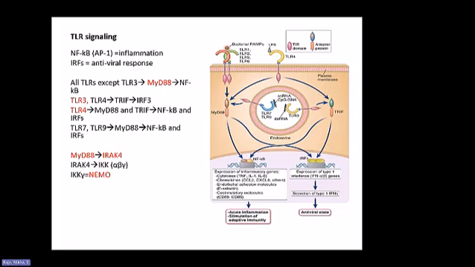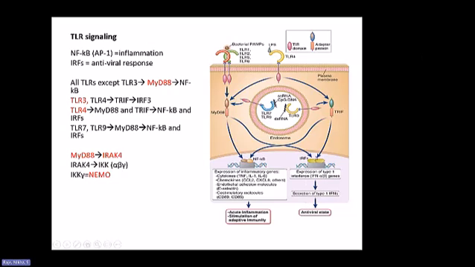And once it's released, it can go to the nucleus where it can act as a transcription factor. That transcription factor, as the name suggests, helps in transcription of genes that are responsible for inflammation. So those could be cytokines, chemokines, co-stimulatory molecules. All of them together produce inflammation. So that's the signaling for TLRs.